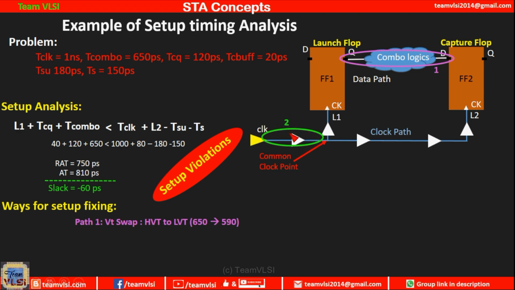Obviously not, because whatever delay we add here, it will equally contribute to L1 and L2, and since L1 and L2 appear on both sides, it will cancel out. So path 2 has no effect in setup fixing. Next, move to this path.